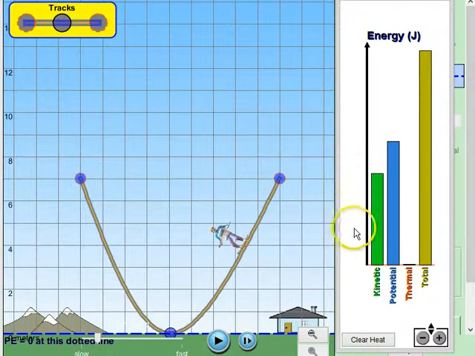But this kinetic energy, this green bar, is smaller than the maximum value, and it seems like he also has some potential energy, which makes sense because he's above the ground. Important thing to notice here is that the total energy bar is still the same. That has not changed. This means that the sum of kinetic and potential energy is always constant only and only if the frictional force is 0.